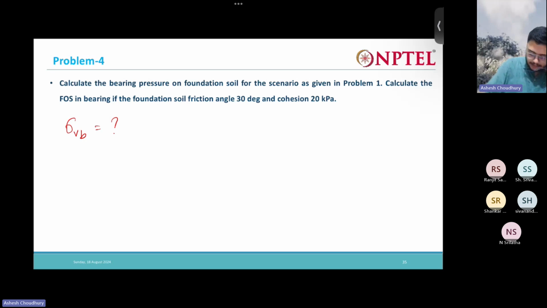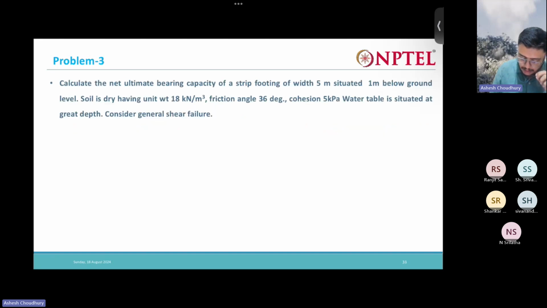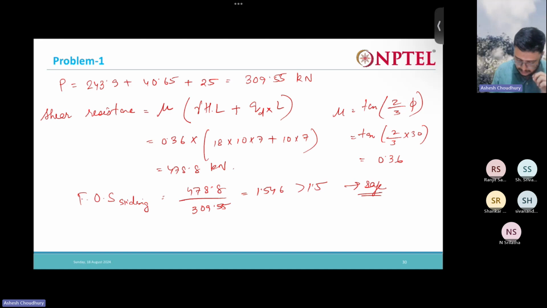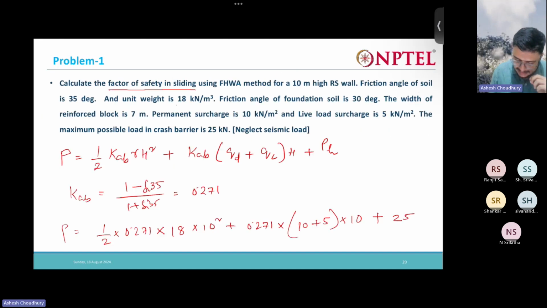So what is RV? Gamma H B plus Q L plus Q D times B, isn't it? Right. So what is gamma? What was gamma? Go to first problem. Gamma was 18.